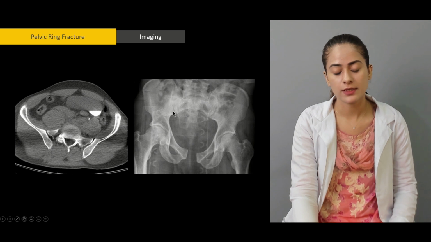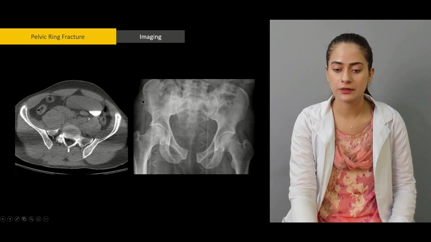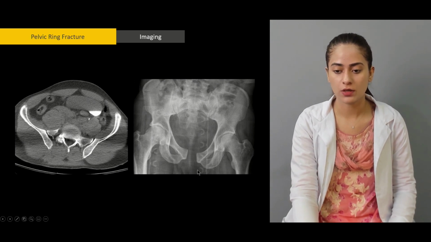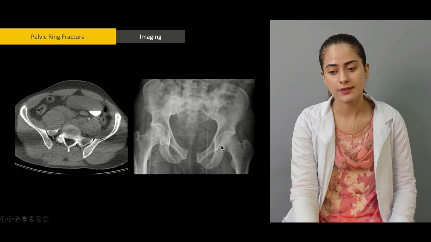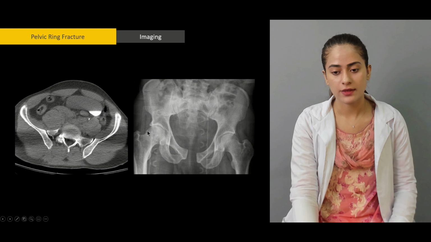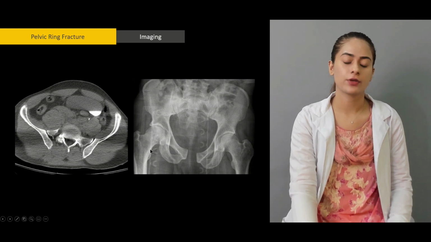This is the sacroiliac joint. Then we have the ilium, the pubis, and the ischium. This is the pubic symphysis, which the two pubis bones form with one another. This is the acetabulum here and here. And then we have the femoral head, the greater and lesser trochanter.